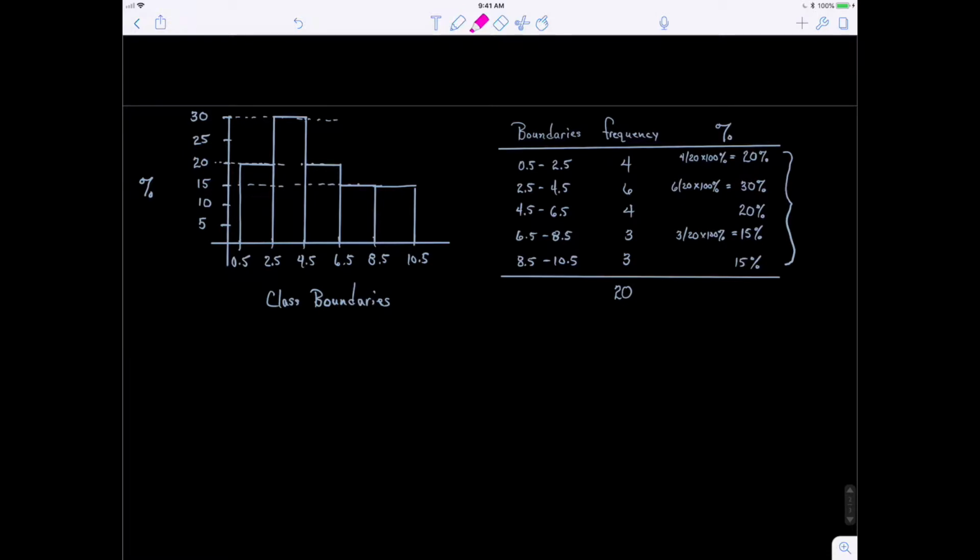Now, let's try this. If I shade this first bar, then I would be asking the question: what percent of the data is represented by the shaded region?